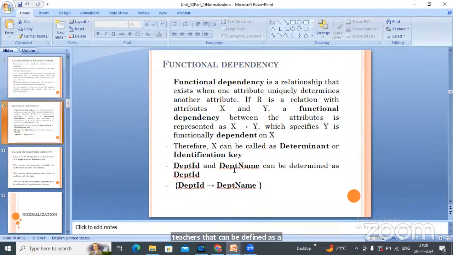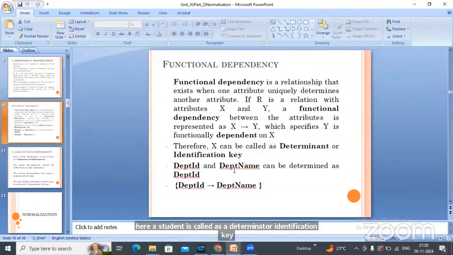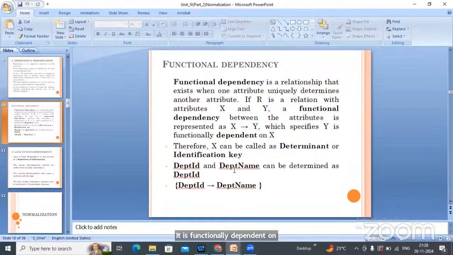So here X, student, is called a determinant or identification key, whereas Y is functionally dependent on X. Student X aithe Y teacher. So student is completely dependent on the teacher.